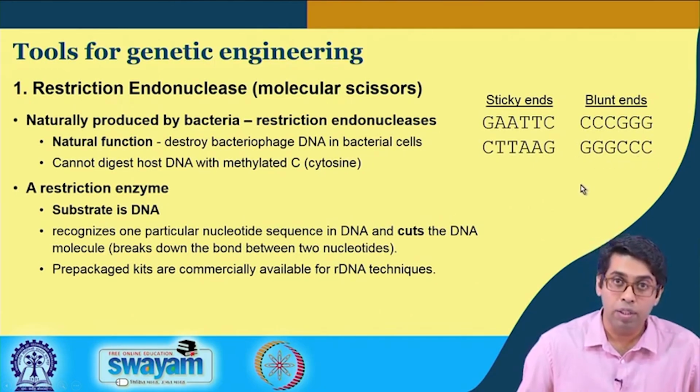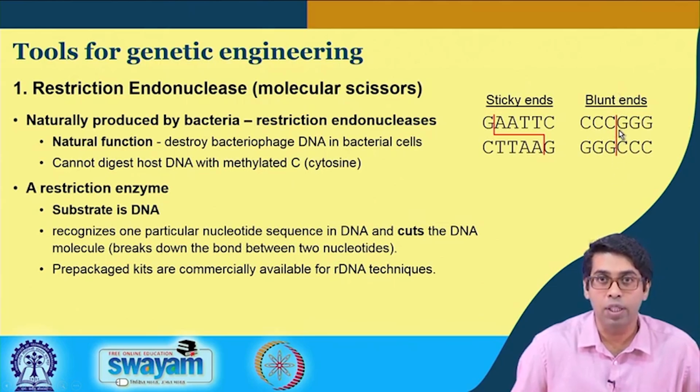Now, there are two types of endonucleases, one which leaves sticky ends after cutting the DNA, and the other which leaves blunt ends. So, what does that mean? Blunt end is actually very simple. It will cut exactly like this, so that there are no DNA overhangs left, but sticky ends cut like this, which means that this double stranded DNA will have this TTAA extra, and the other part will have this AATT extra.